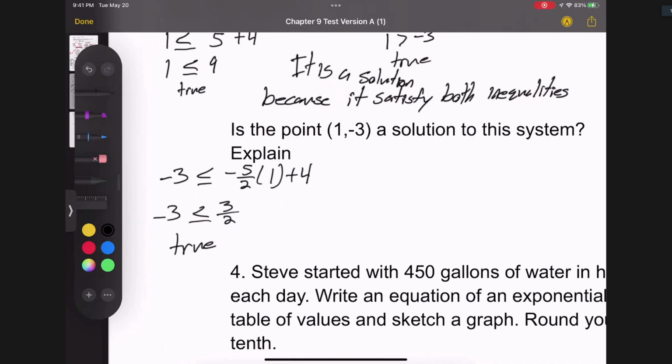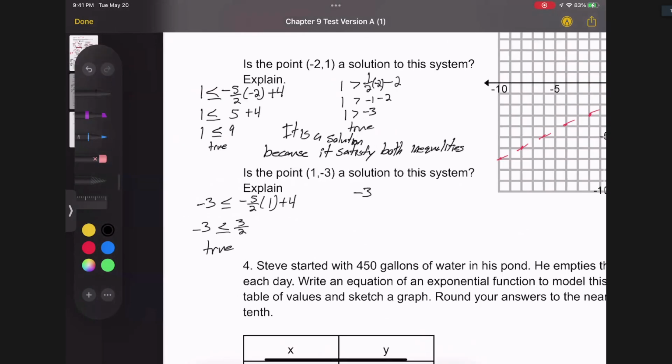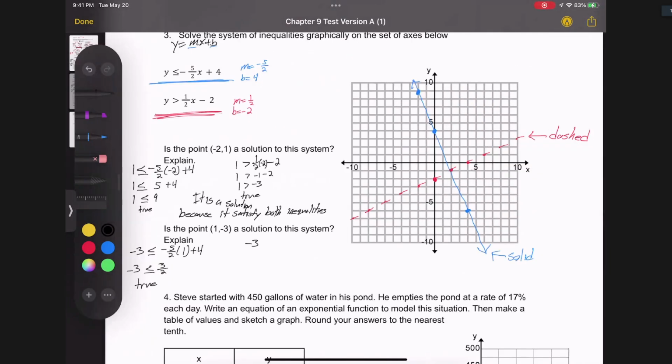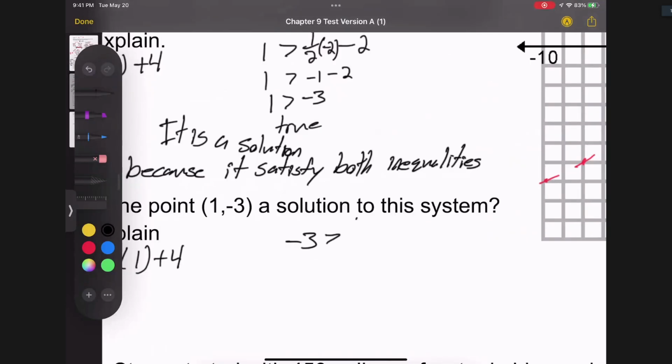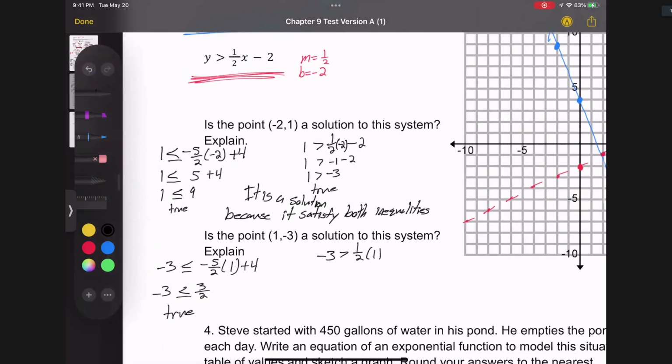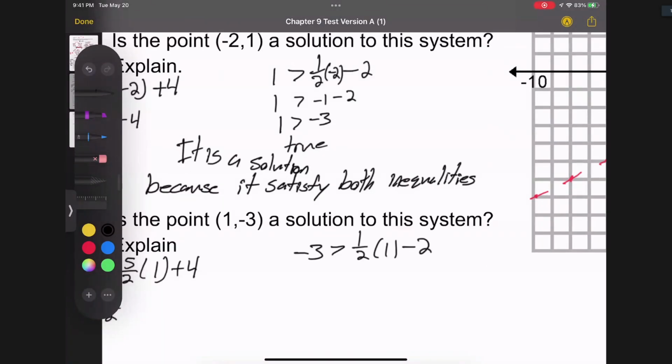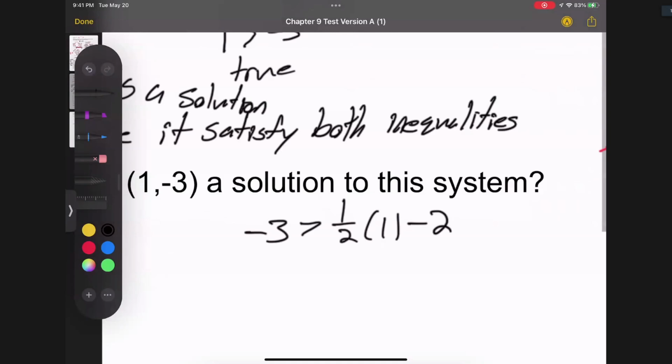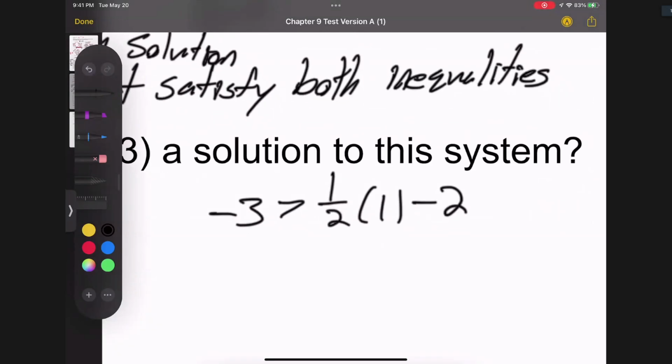We are going to have -3 for the y, and it's going to be y = 1/2 x, but x is 1 minus 2. So we got 1 times 1/2 times, or minus -2. That's going to be -3 halves.